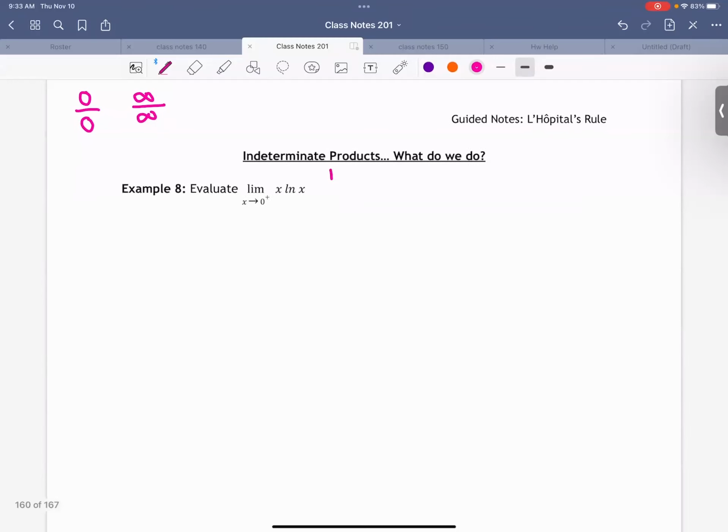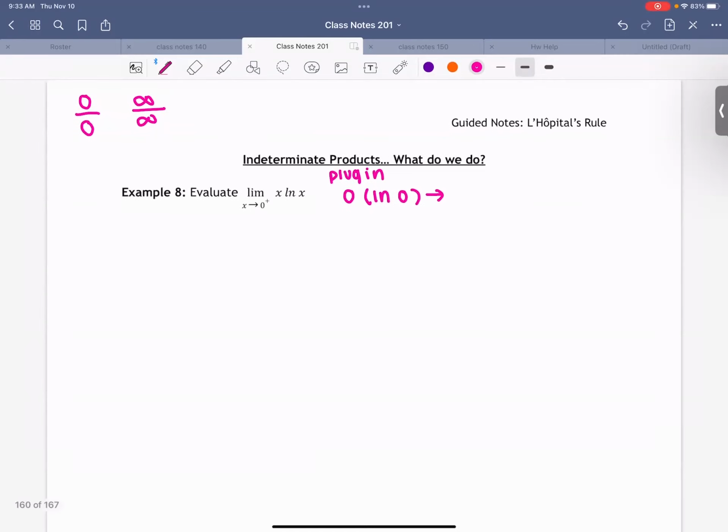Well, I said the first thing we have to do is to plug in, right? So plugging in 0, we have 0 times the natural log of 0, right? What's the natural log of 0 going to? It doesn't exist. And if you take a look at the graph of the natural log, like if you had your calculator or something, it would look like this, right?